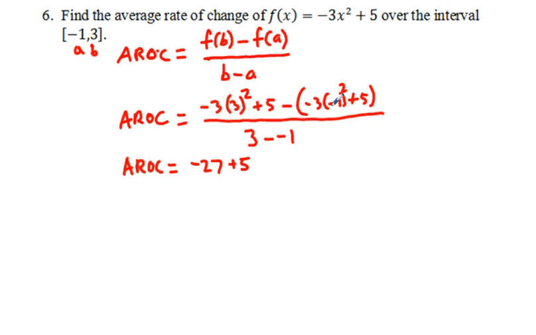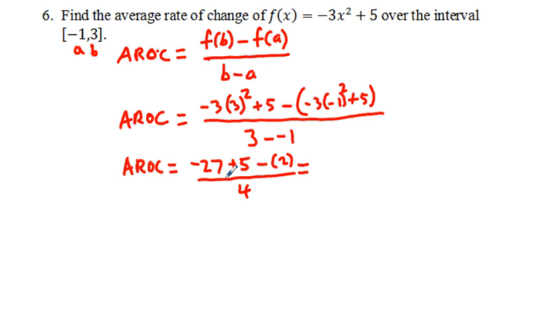And here inside, we're going to have -3 times 1 plus 5. So we're going to have minus -3 plus 5, minus 2, over 4.